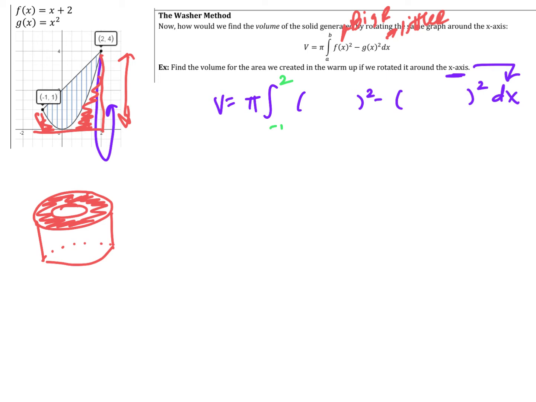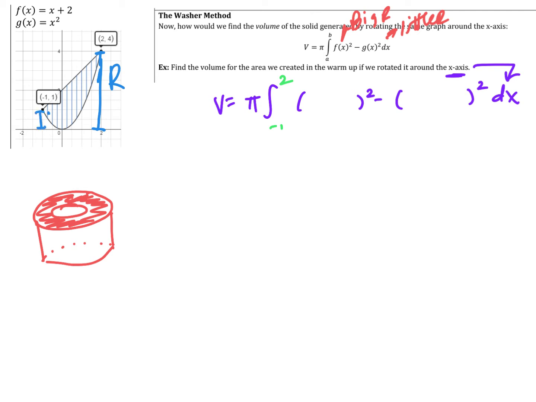So let me try and erase here so that it's easier to look at this. The big function is the one that's forming a larger radius with the x-axis because that's where we're rotating it. So this line here is like my big R. That length is forming the top of my entire area no matter where I am.